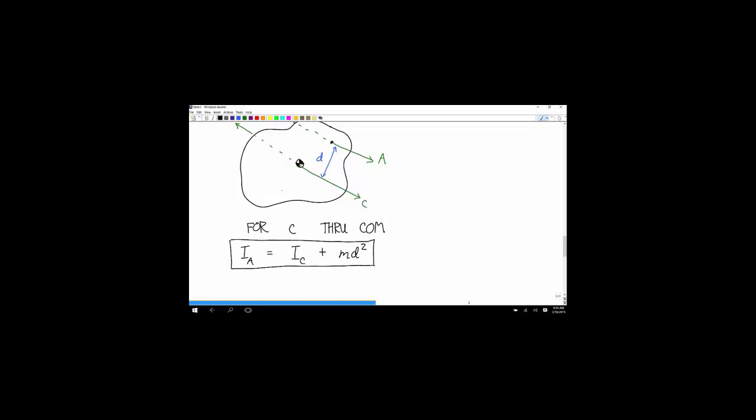Pretty awesome. So this M is the mass of the body. This D is the distance between the axes.